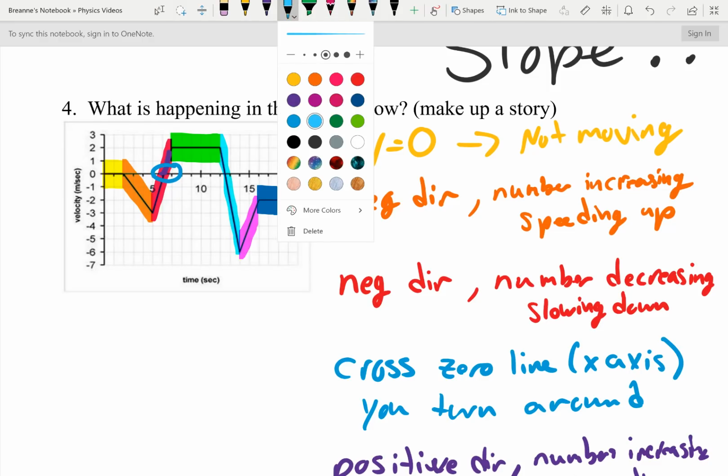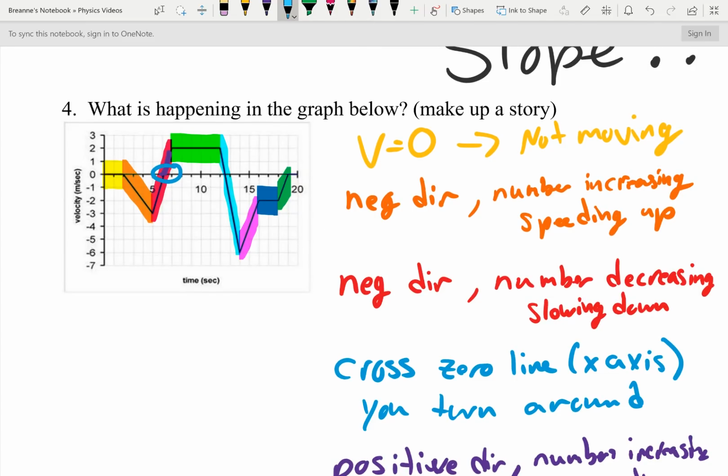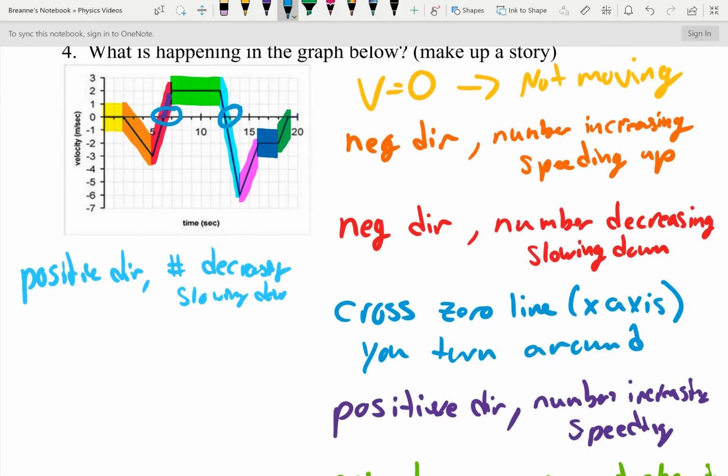For your next part, your numbers start going down. You're still in the positive direction. Your numbers are decreasing, so that means you're slowing down. Remember, when you cross the x-axis, you turn around.